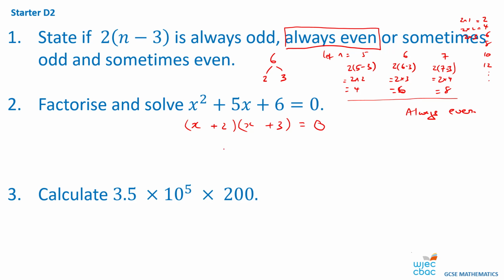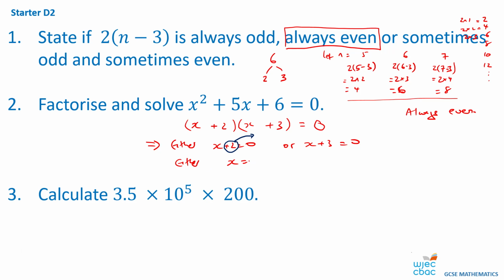So that's us factorized. Now we've got to solve. So we say this implies that either x plus 2 is equal to 0 or x plus 3 is equal to 0, which means that either x is equal to, plus 2 floats over the equal sign, it becomes minus 2 on the other side.